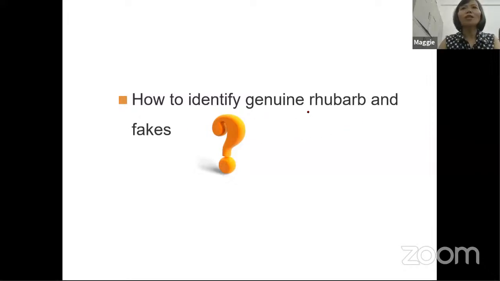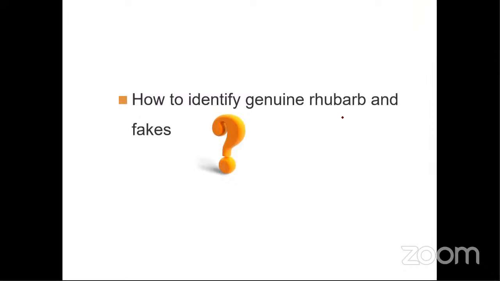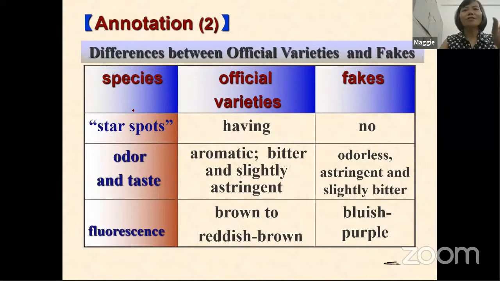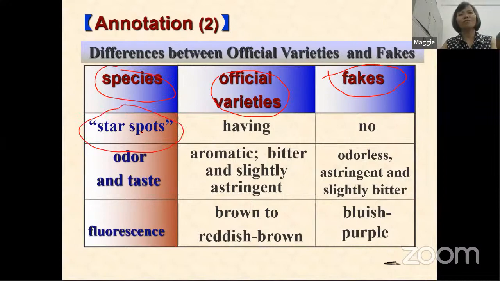So now, how do we identify genuine rhubarb and fakes? Here's a summary of the difference between official varieties and fakes. These are comparison species. Look for star spots in the rhizome, not in the root.